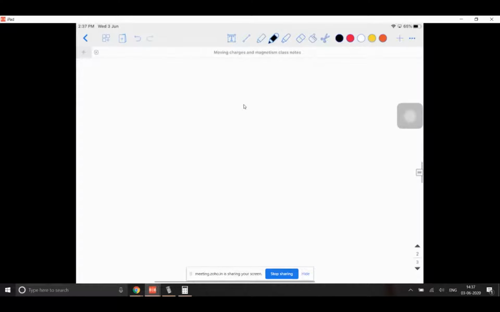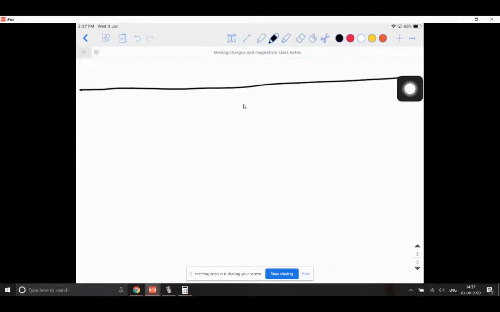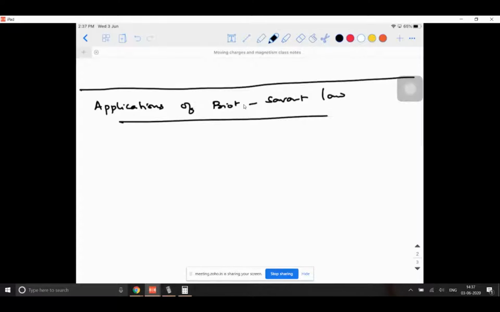Now what we will do in this class is we will see the applications of Biot-Savart law. So the topic is going to be applications of Biot-Savart law. What we will do here is we will calculate the value of magnetic field due to a straight current carrying conductor. I'm repeating it.